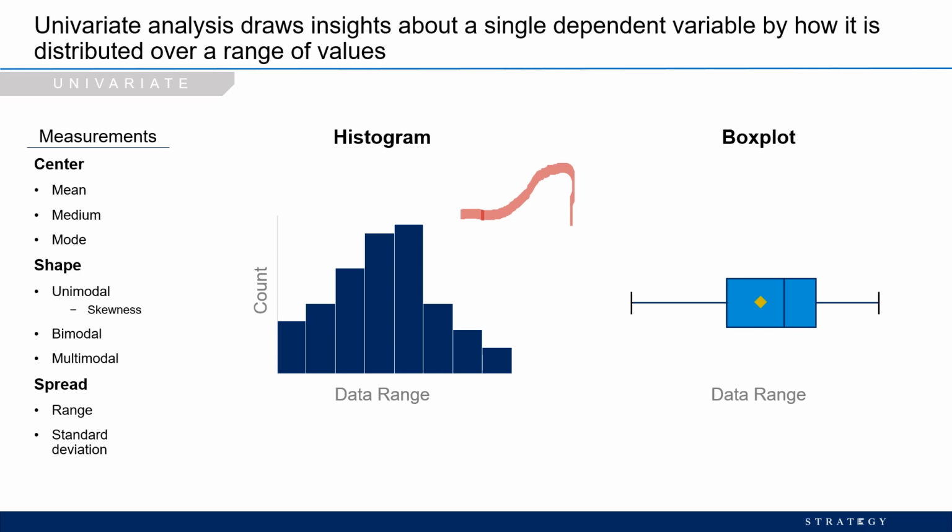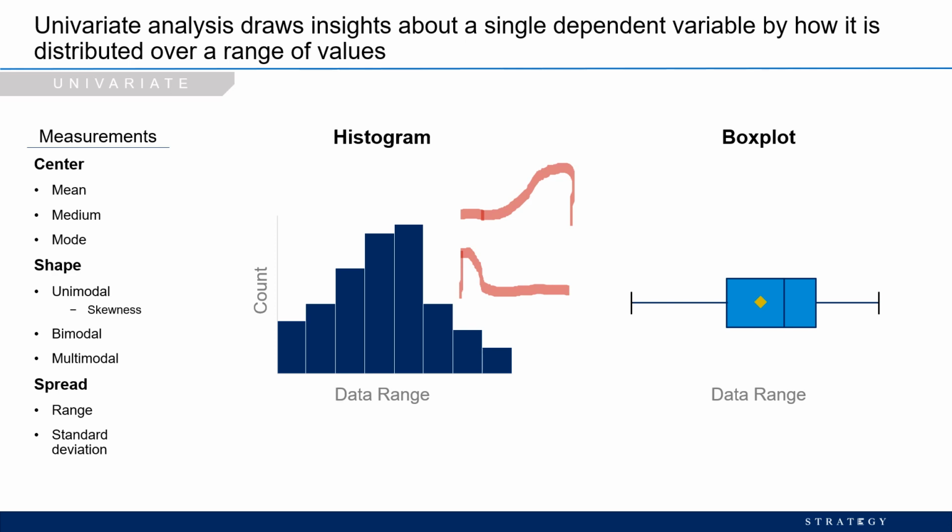So that's what a left skewed distribution would look like, and then a right skewed distribution would look something like this, where most of the weight of the data is on this side. Again, with the right skew, the camera moves to the right, and then the hill moves to the left. So that is skewness and shape.